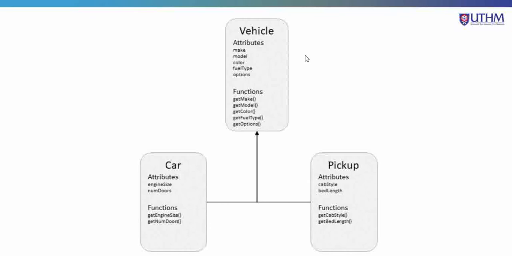So inheritance supports code reusability, meaning that, let's say, if you want to use color over here, car should have color as well. By providing inheritance, we do not need to instantiate color over here again.